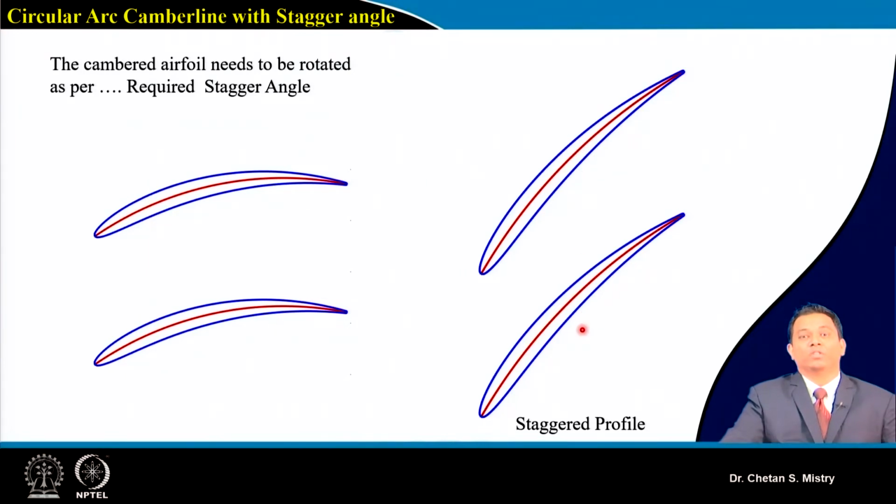This represents the staggered arrangement, in terms of our circular arc camber line.